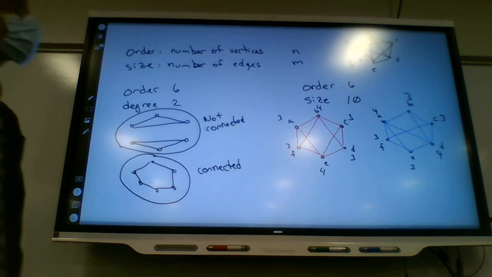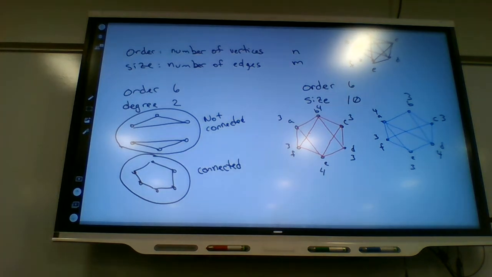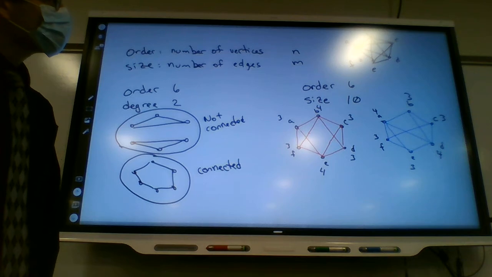Now let's come back to the other two and see, is there anything at all about them that we can tell? Would you be able to say this is different because in the red graph there's a distance of 2 between A and D, versus in the blue you can get there in just 1? Between A and D? Yeah.